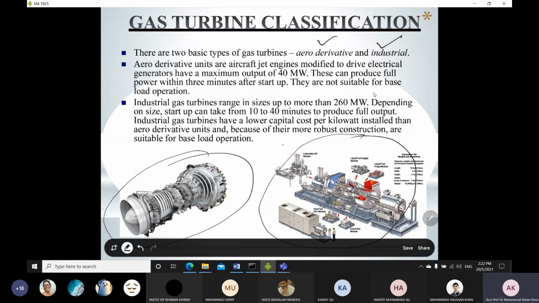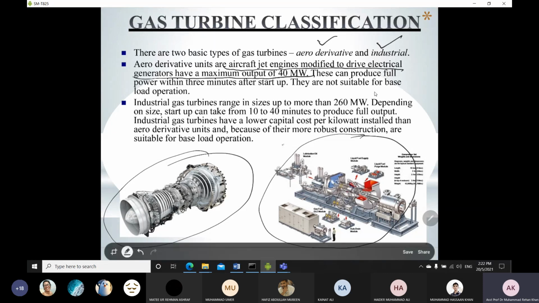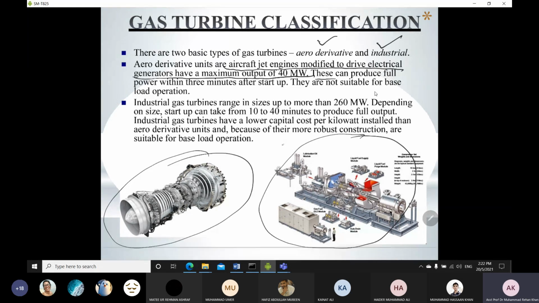Aeroderivative units are aircraft jet engines modified to drive an electrical generator and have a maximum output of 40 megawatts. So it does not have a very high output. These can produce full power within 3 minutes after startup, and they are not suitable for base load operation.